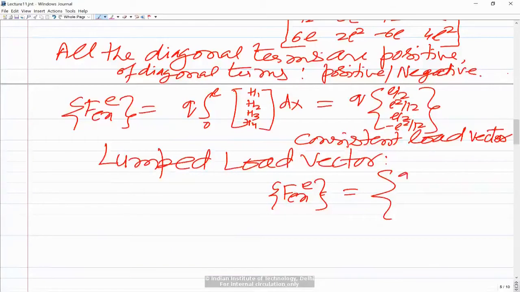The first would become qL by 2, and we are not taking any moment, because the second term of the load vector corresponds to the degree of freedom theta 1, which is a rotation, so this would actually be a moment. So we are not taking in moment, but the total load is divided between the two nodes. This could be one possible lumped load vector, but we are going to basically use this particular load vector.